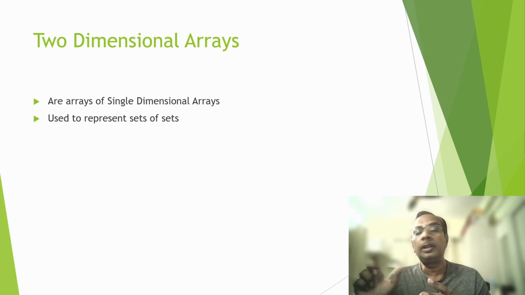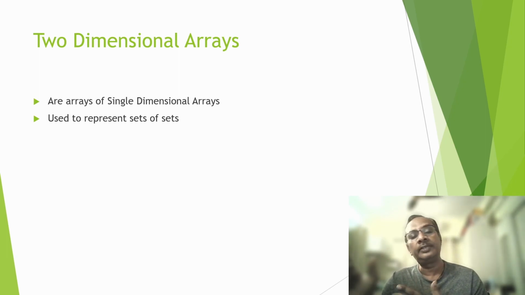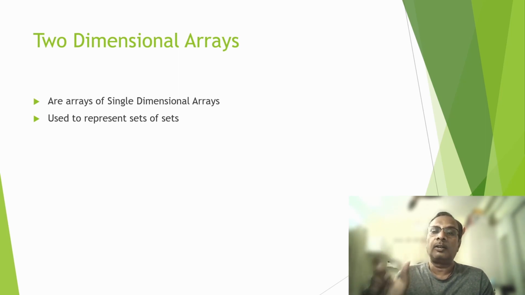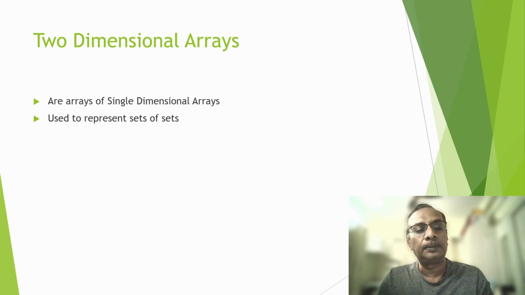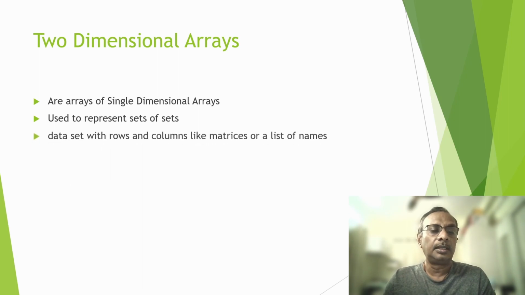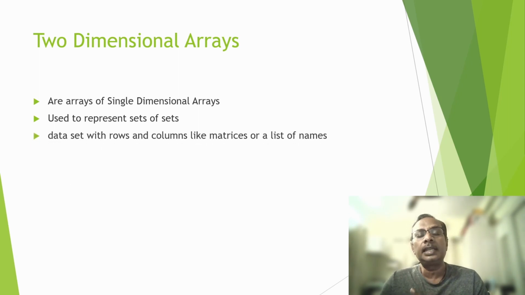So we called it a set of data, right? Any data that is stored in an array will be a set of data because they are of the same type. So two-dimensional arrays are basically sets of sets. It's a set of multiple sets of data. For our understanding, it will be represented as rows and columns.